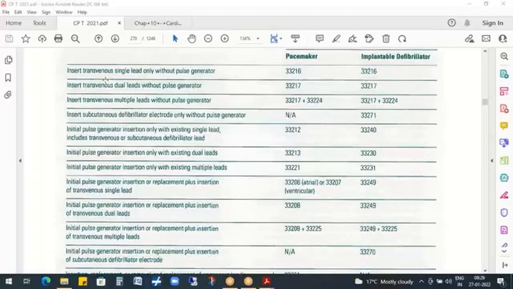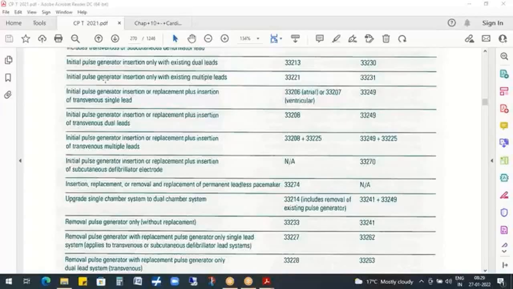Next, upgrade from 1 lead to 2 leads. Upgrade. Next, removal of generator. Next, replacement of only pulse generator.